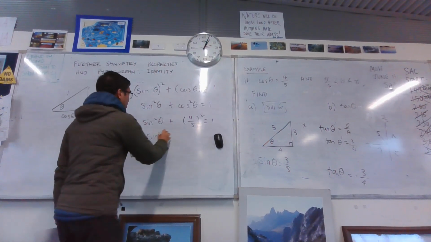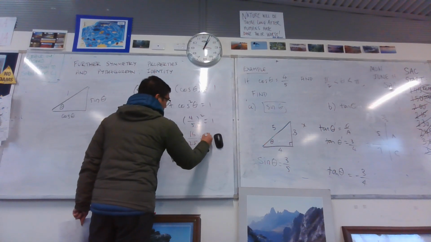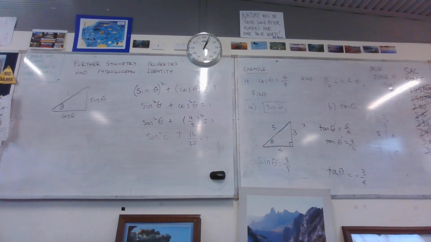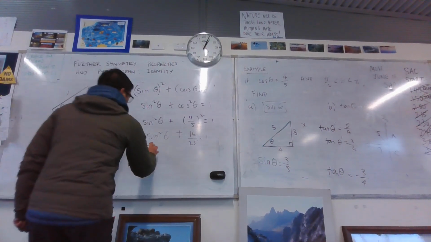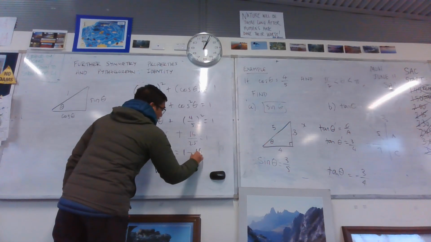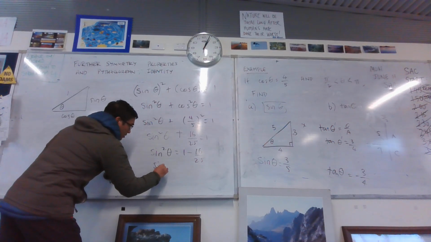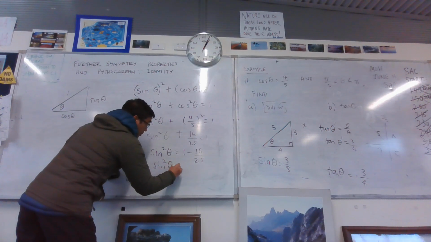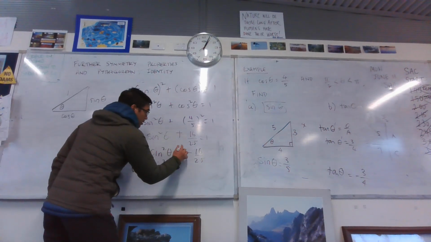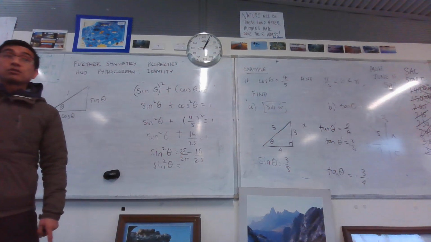Okay, I'm just going to clean this up for people. Who's got an idea? Thank you. We're backtracking. 1 take away 16 on 25 is the same as 25 on 25 take away 16 on 25.